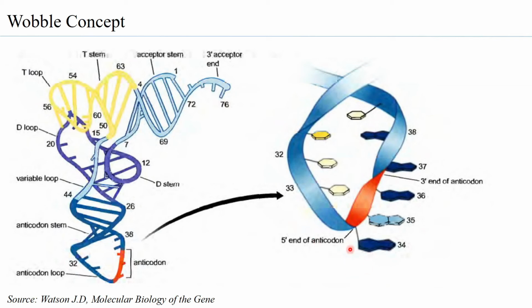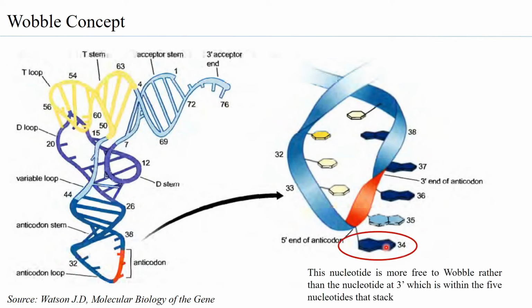Since it has no stacking at this end, it is free to wobble. And hence it is always the 5' nucleotide that is observed to be wobbling between two nucleotides in the codon in the mRNA. So this is something that has been understood, attributing to its being able to wobble. This is what is known.